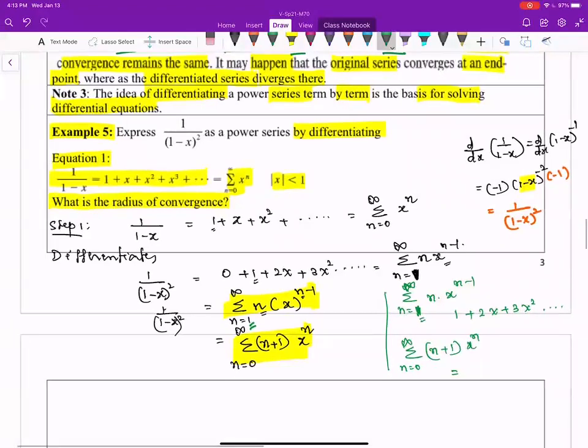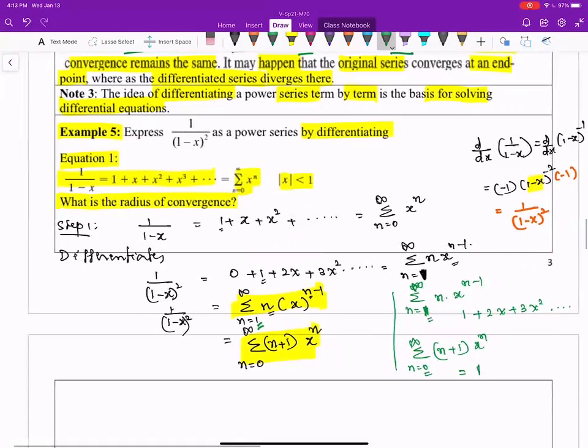You start with n equal to 0, that is 1, the first term, then n equal to 1, so that will be 2x. So you can verify that both represent the same function. So 1 over (1 minus x) the whole squared can be written as a power series like this.